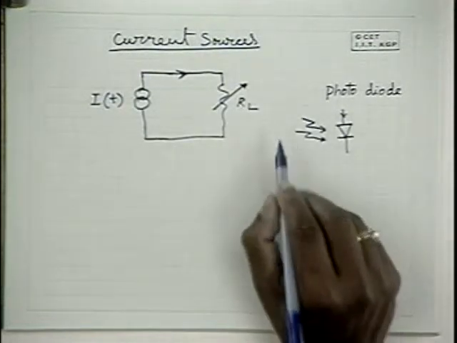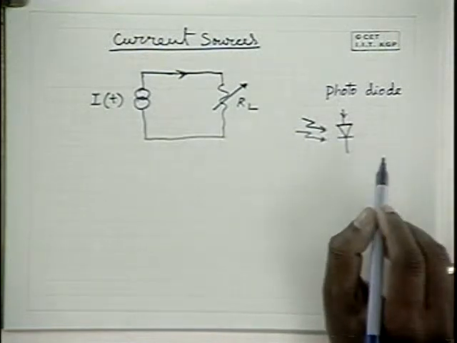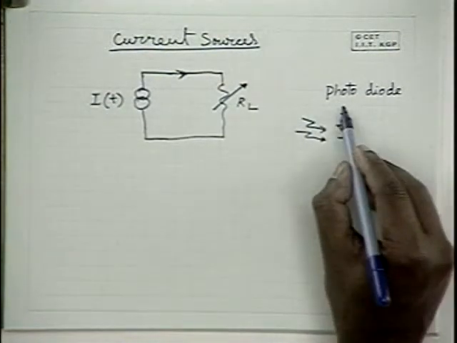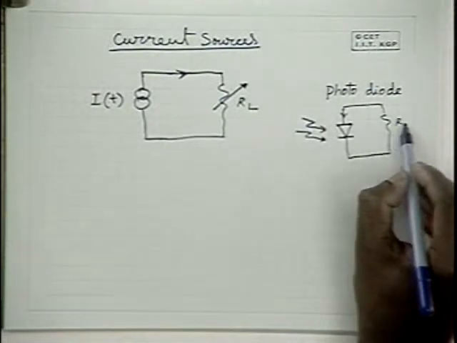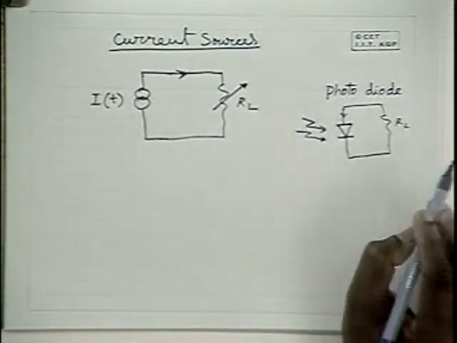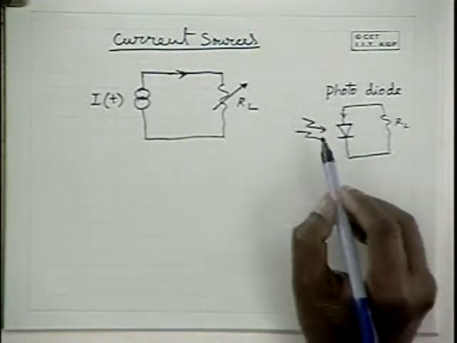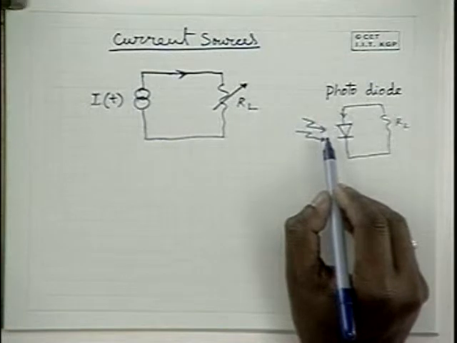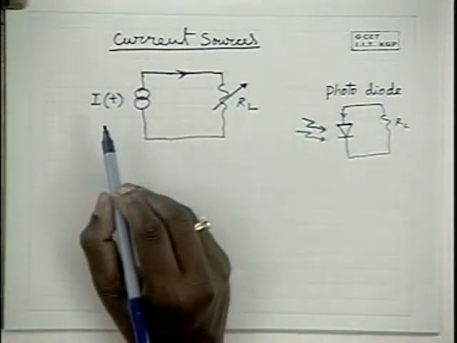Current is proportional to the light intensity and not the load resistance. The voltage is proportional to the current that flows when you pass it to a load resistance, but that is a different matter. The current is almost independent of load resistance, and is only proportional to the light intensity. Hence, a photodiode can be treated as a current source.